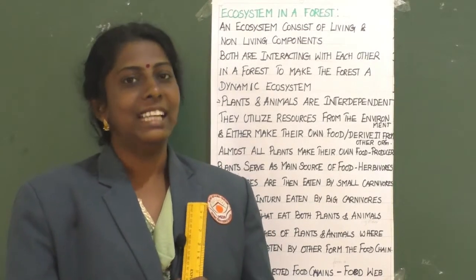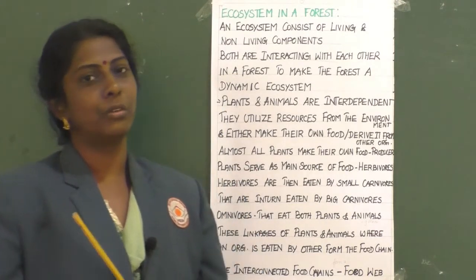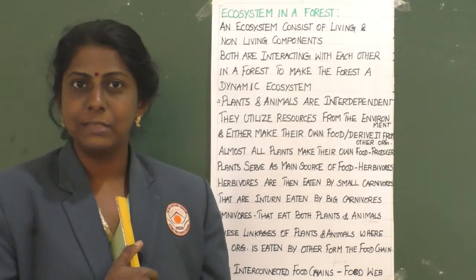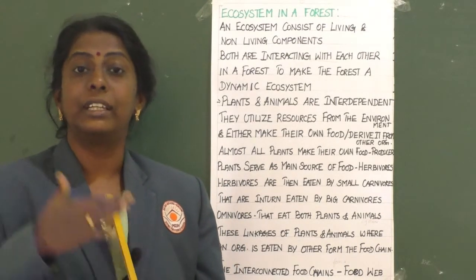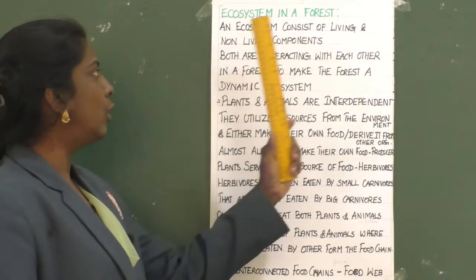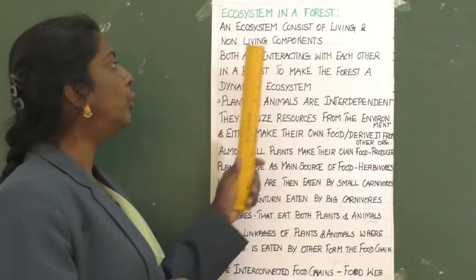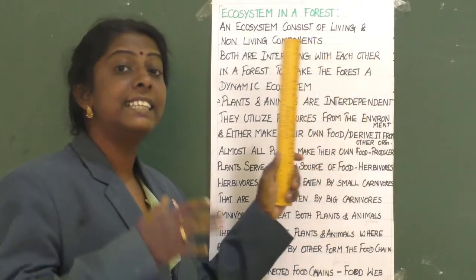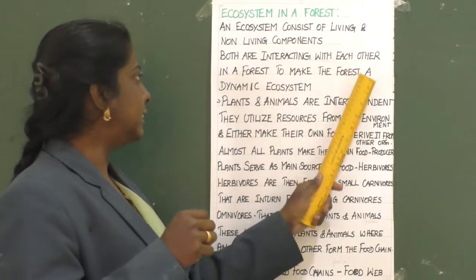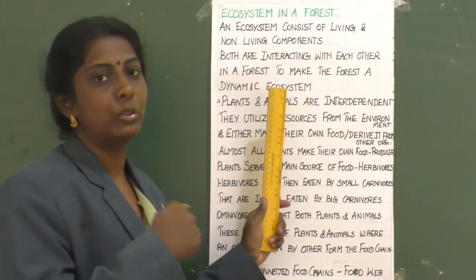Children, now let's learn about ecosystem in a forest. First, what do you mean by ecosystem? Ecosystem consists of both living and non-living components. Both are interacting with each other in a forest to make the forest a dynamic ecosystem.